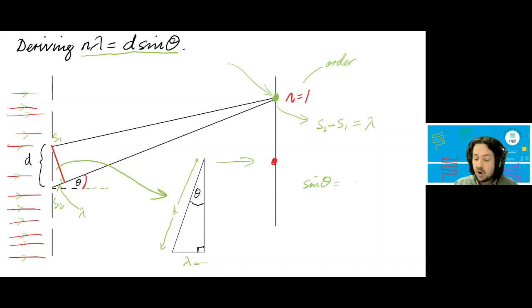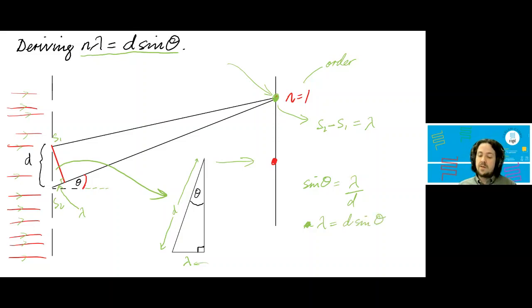So sine theta is equal to the opposite, which is lambda, over the hypotenuse, which is d. And you can see it's starting to look like it now. So if I then take d up, what I end up with for now is lambda is equal to d sine theta.